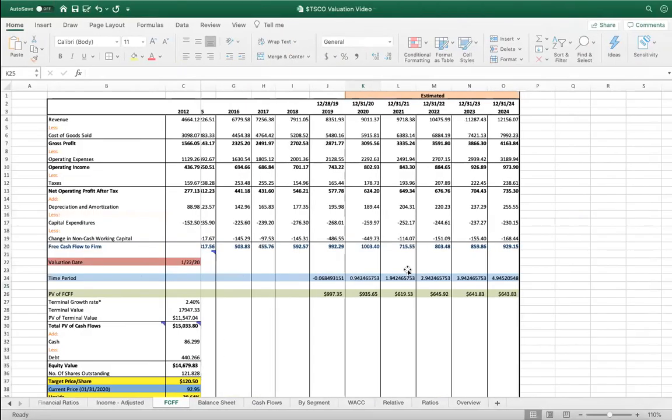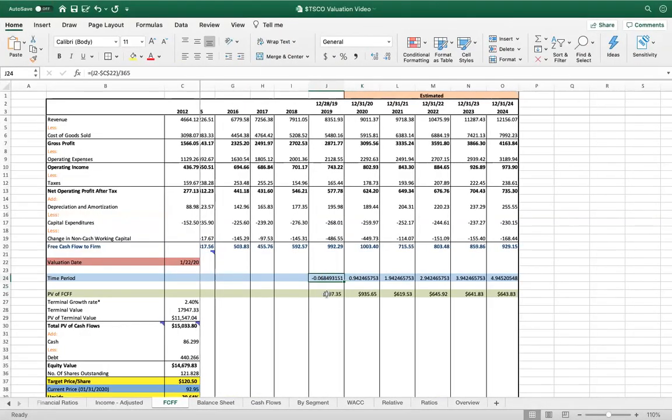So based on this time period, we can get the present value of free cash flow. I assume you all know how to use the PV function in Excel. So this is the PV of the free cash flow for the next 5 years of projection.